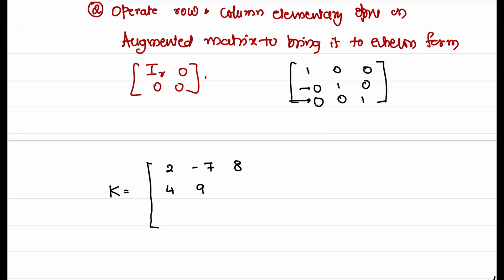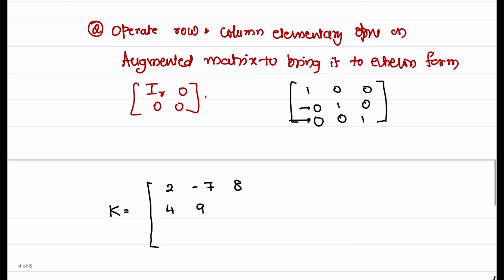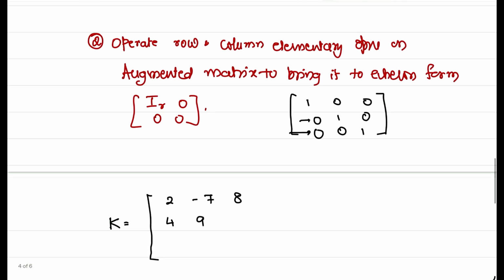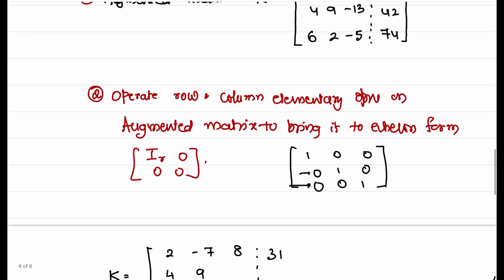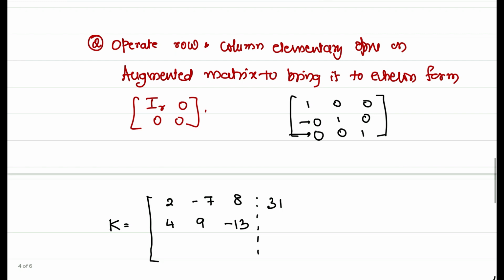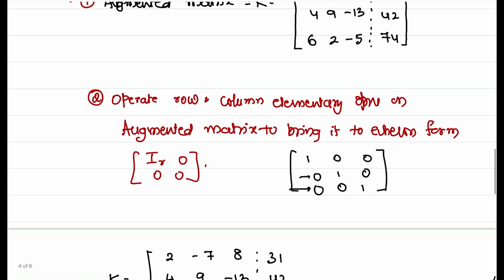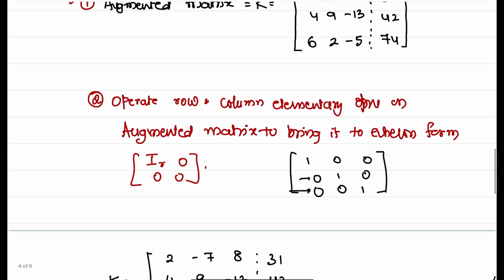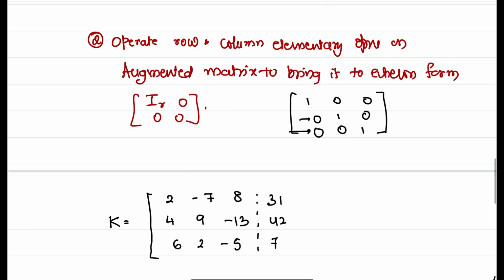We cannot neglect even a single step. 2 minus 7 8 31, 4 9 minus 13 42, 6 2 minus 5 74. We cannot afford to make errors also.